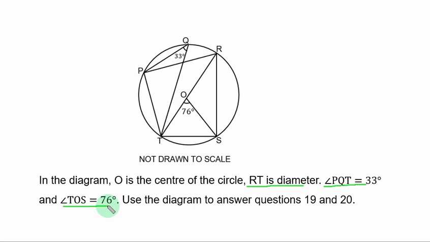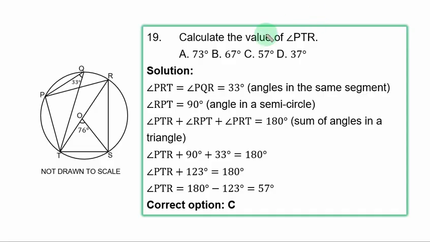Use the diagram to answer questions 19 and 20. Question 19. Calculate the value of angle PTR. That is the whole of this angle. We have a triangle there, that is PRT is a triangle.